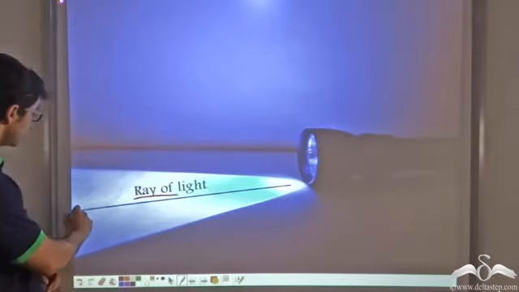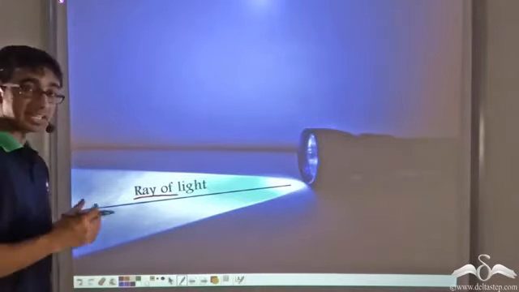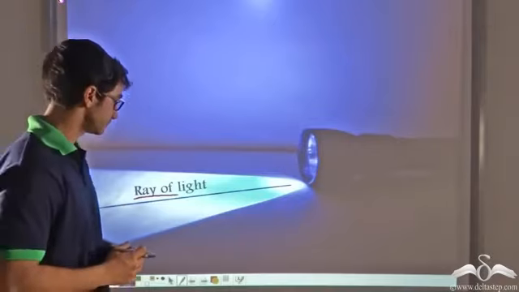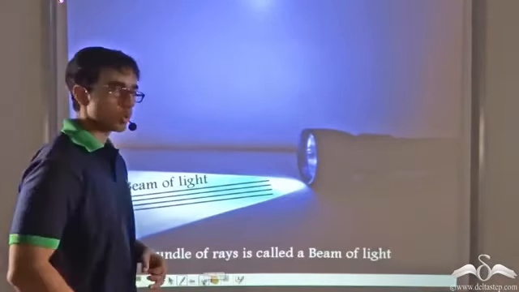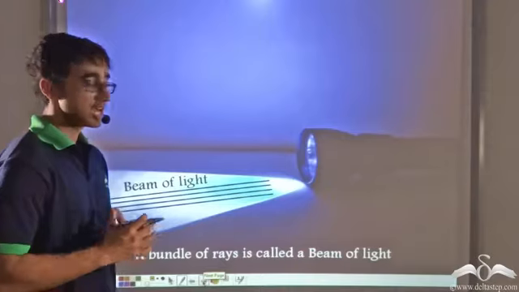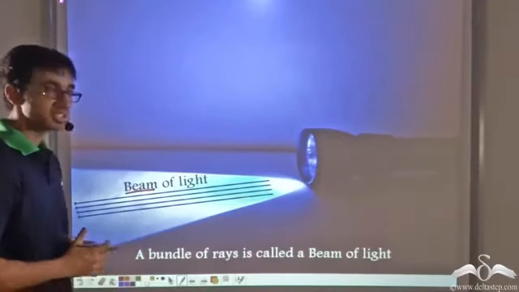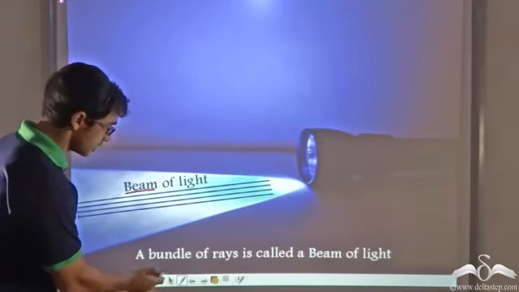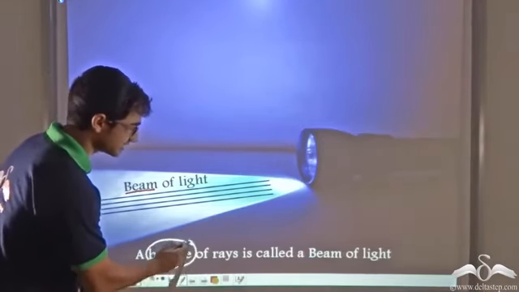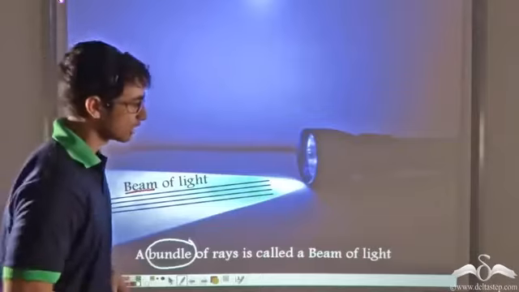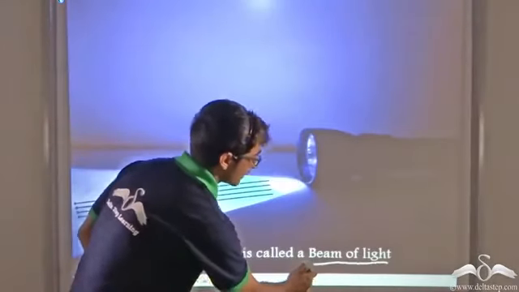This direction is used to indicate the direction in which light is traveling. And what is a beam of light? A beam of light is a bundle of rays taken together, or a collection of rays taken together is known as a beam of light.